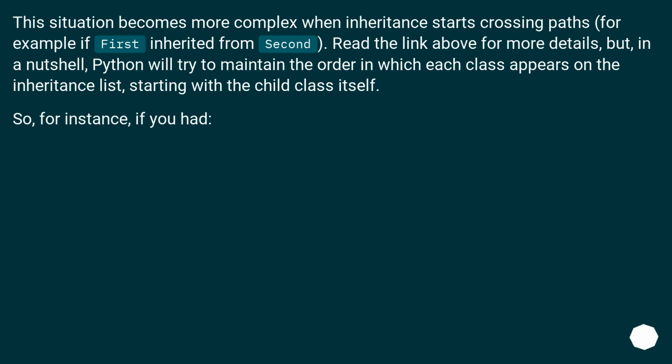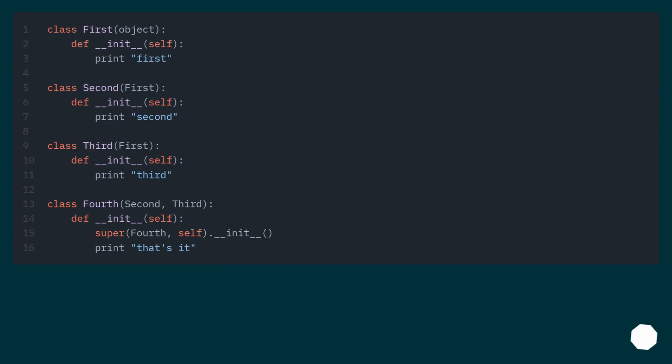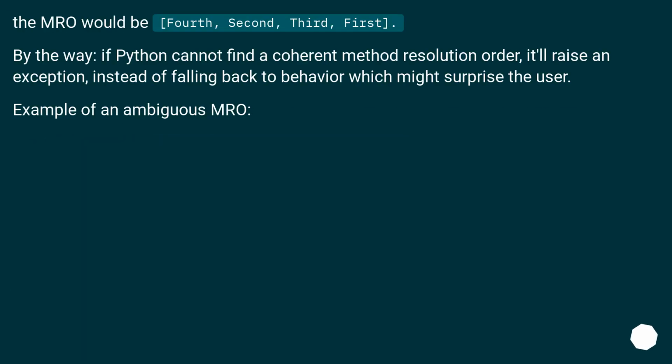So, for instance, if you had this, the MRO would be Fourth, Second, Third, First. By the way, if Python cannot find a coherent method resolution order, it'll raise an exception, instead of falling back to behavior which might surprise the user.